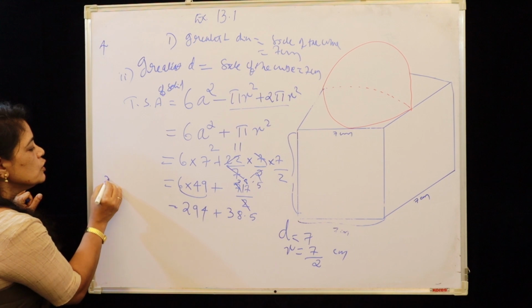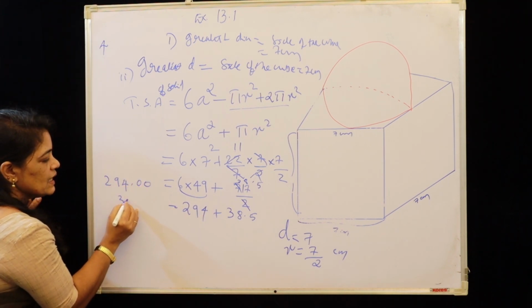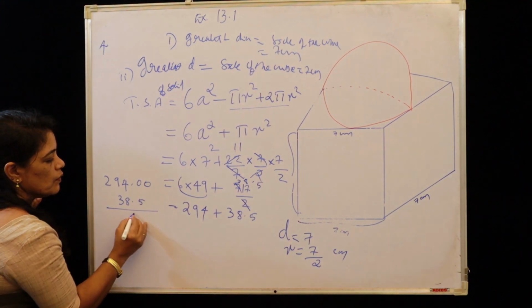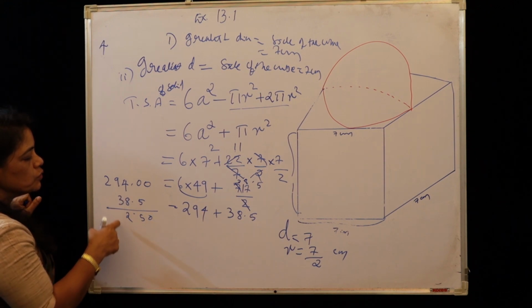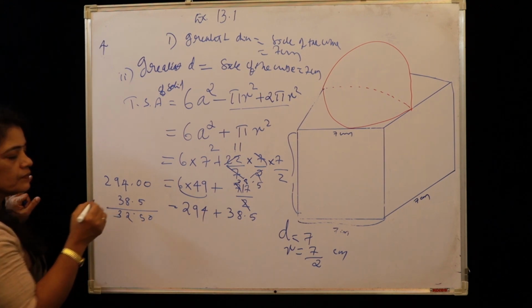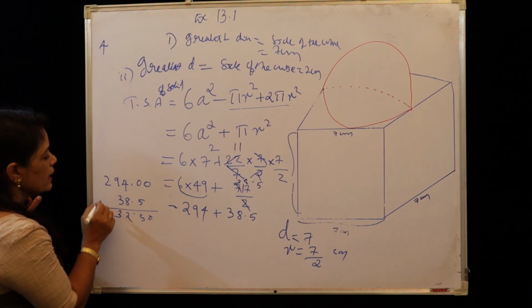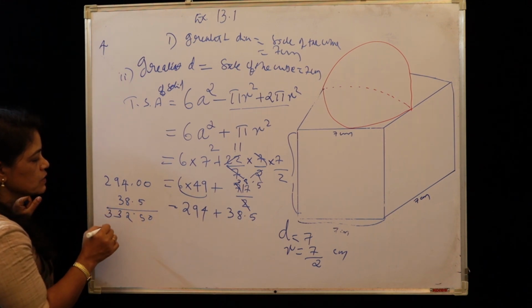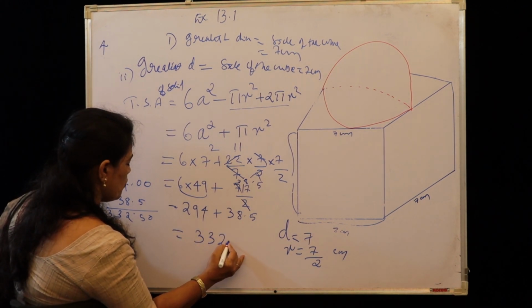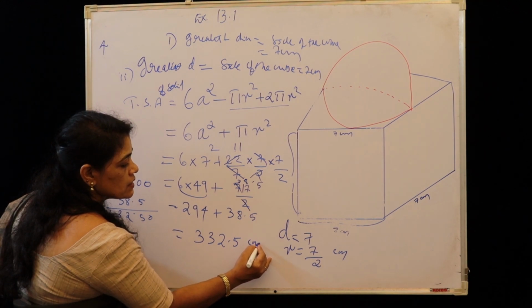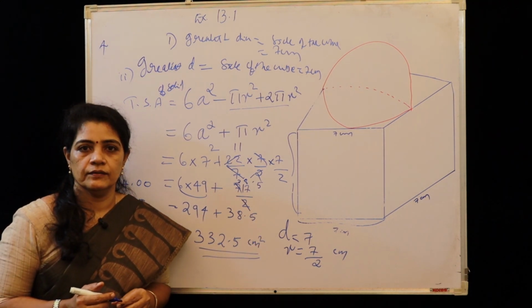So you can add 294 plus 38.5, that gives 332.5 centimeter square. This is the area of the solid.